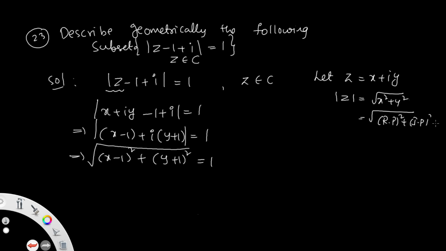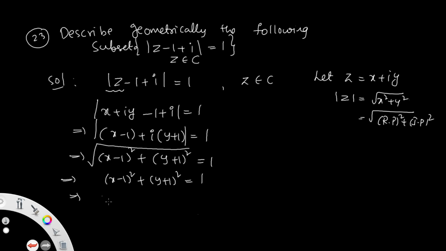So x minus 1 is the real part and y plus 1 is the imaginary part. Squaring on both sides, that is (x minus 1) whole square plus (y plus 1) whole square equal to 1.